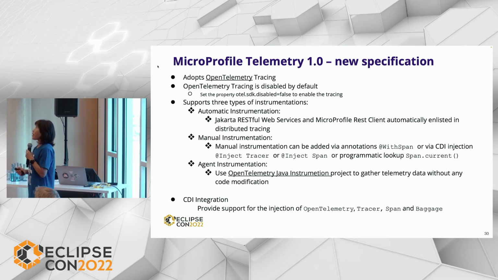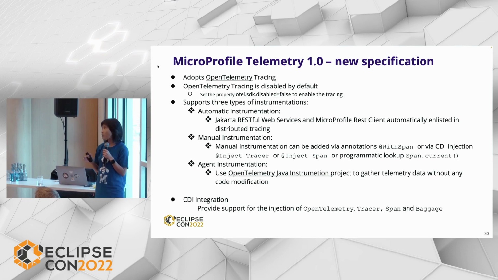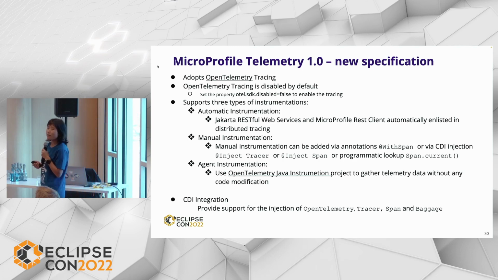In the OpenTelemetry project, there are three pillars: tracing, metrics, and logging. At the moment, only tracing is stable, and metrics and logging are still under very active development. That's why we pull in tracing for the time being, because it is stable.